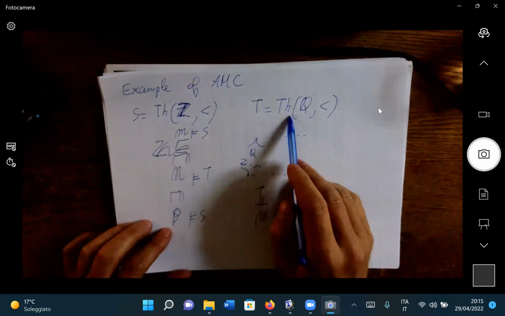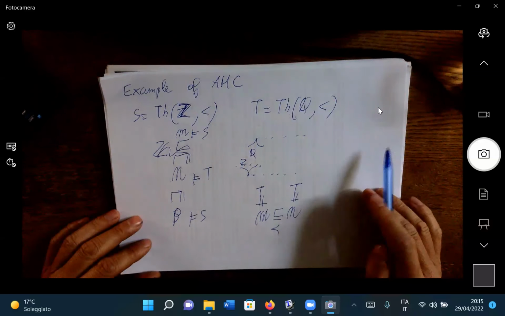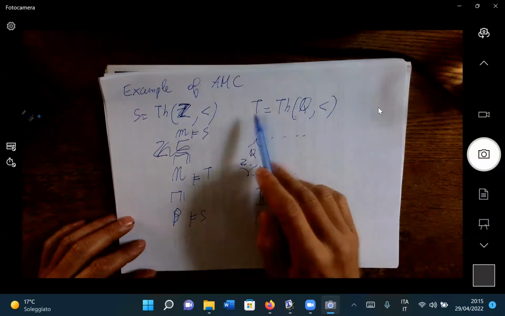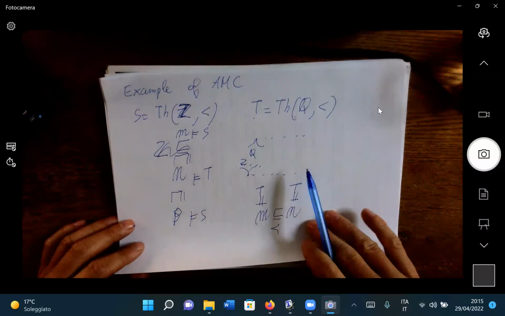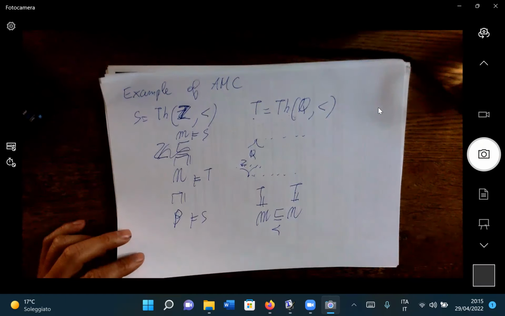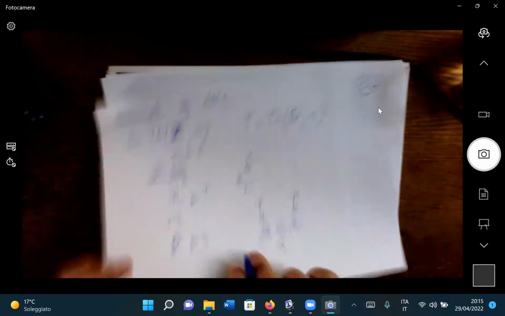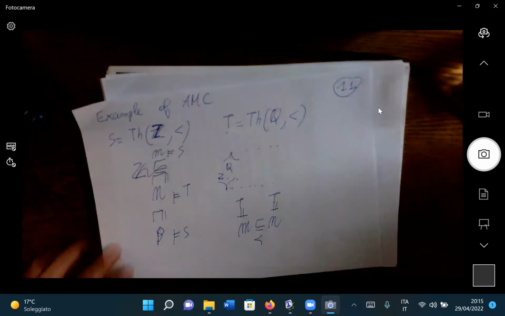So this is model complete. Those two theories agree on the Boolean combination of universal sentences. So this is the absolute model companion of S. Okay. Later on we will see many examples from set theory.